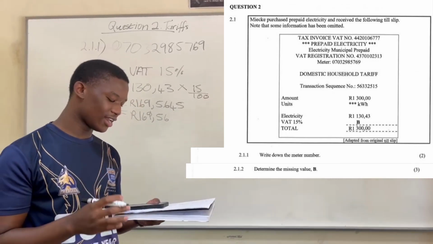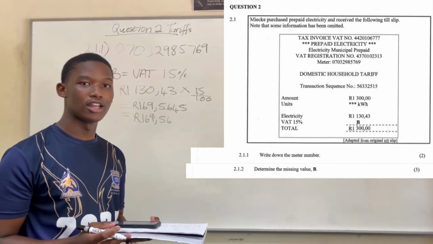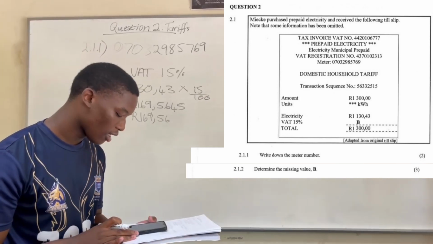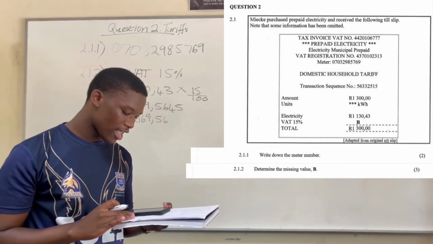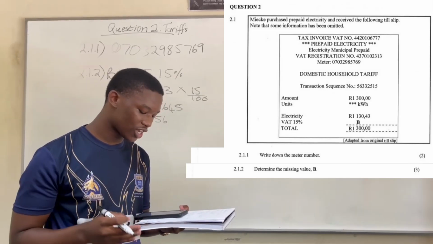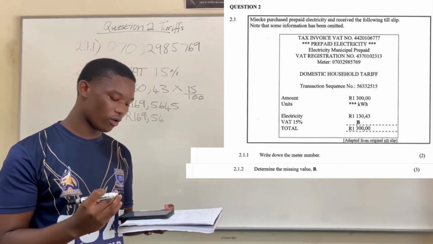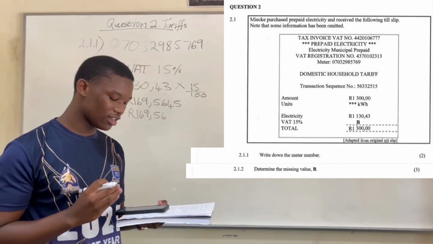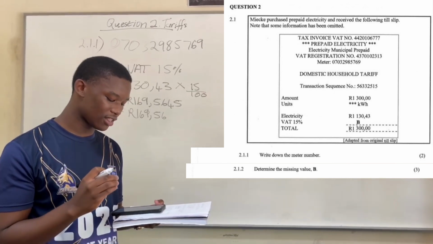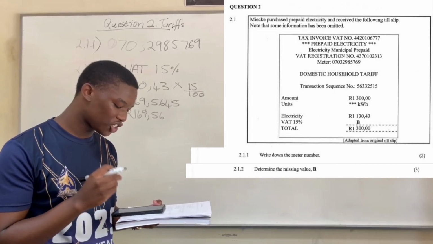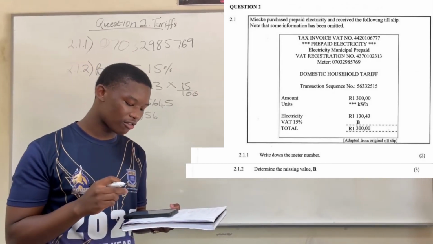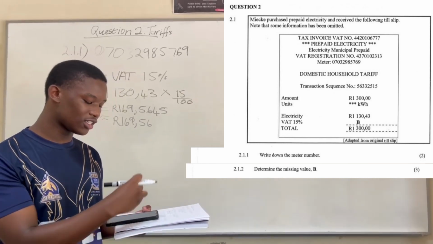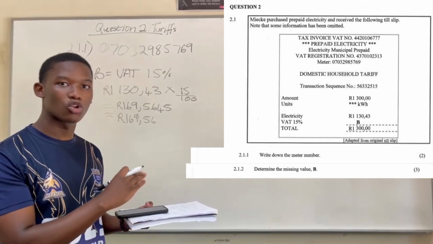Question 2.1.3 is a little bit challenging, and it will need your attention, so listen attentively. It says a partial residential electricity tariff table excluding VAT. When dealing with this question, you need to highlight the important parts in the statement. So this table is excluding VAT.